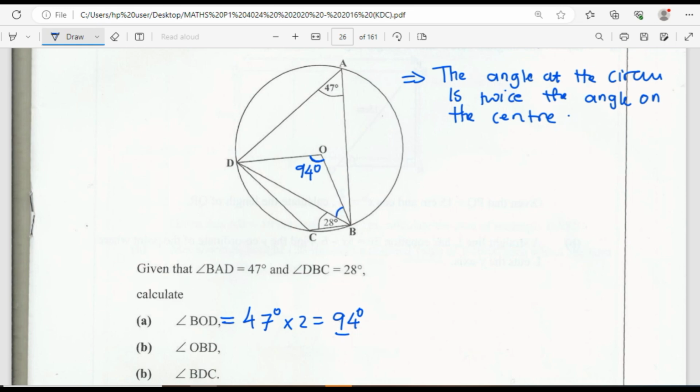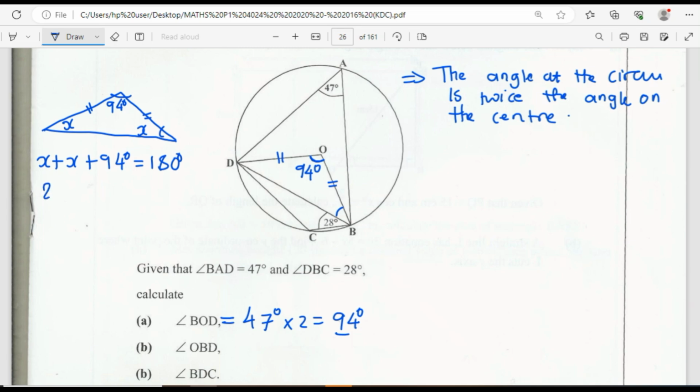OBD, this angle here. Now DO is a radius, so is OB. If these two are equal, then we can use the principle of isosceles triangles: the base angles will also be equal. So we can put x here, also x here. So x plus x is 2x plus 94 is equal to 180.